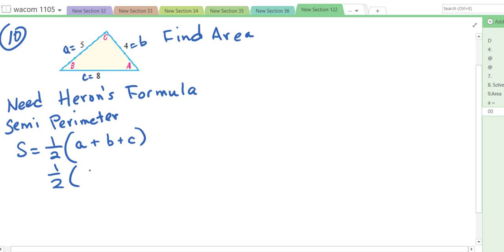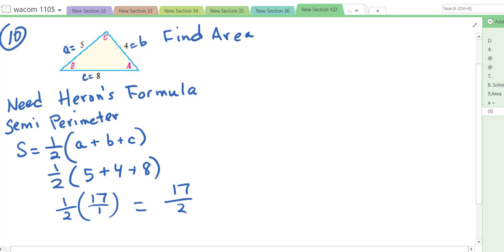So half, a is 5, b is 4, c is 8. 9 and 8 is 17. So you're getting 17 over 2. Not very pleasant there, but that's okay. Let's see. Now our area formula is the square root of the semi-perimeter, and then the s minus each side.